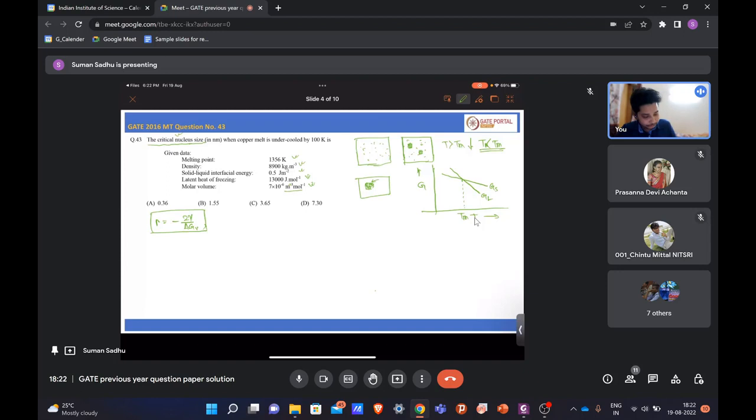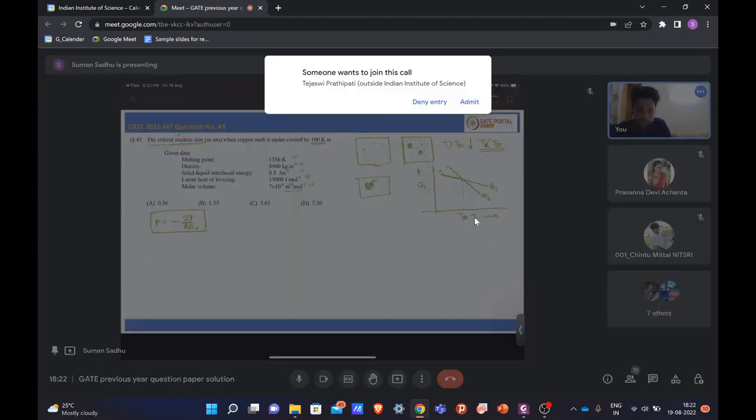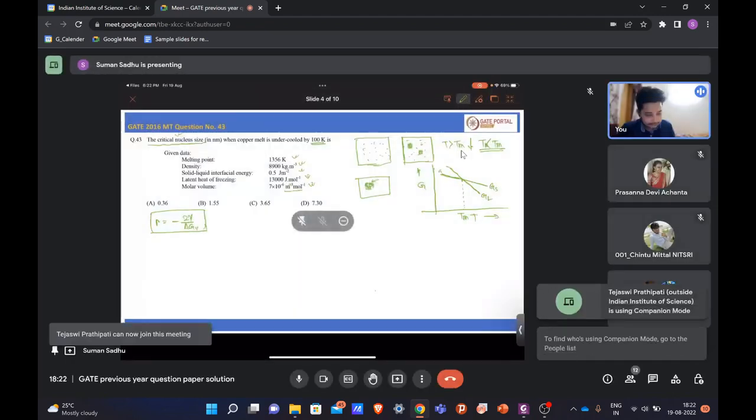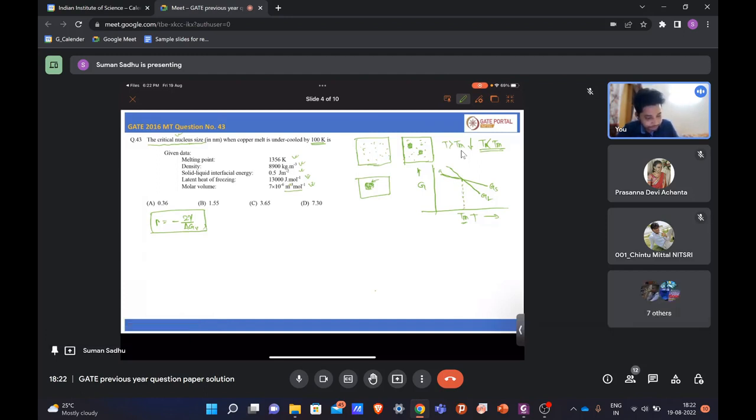Above the melting point, the free energy of the liquid is lower, and below the melting point, the free energy of the solid is lower. Here it is mentioned that we have undercooled by 100 Kelvin. At Tm, the free energy of solid is equal to the free energy of liquid. Now you have undercooled it, so the difference delta T is 100 Kelvin.